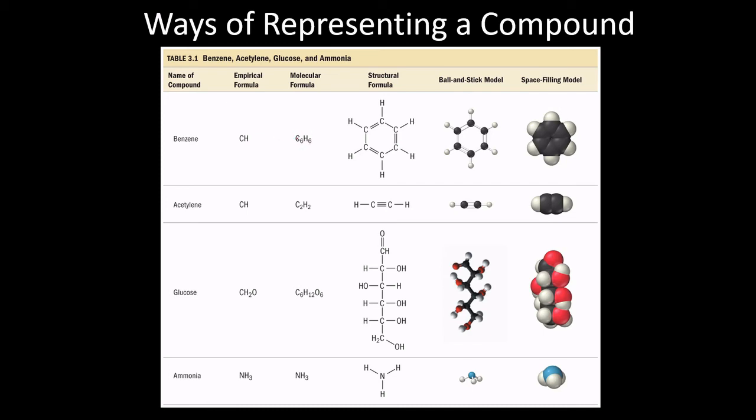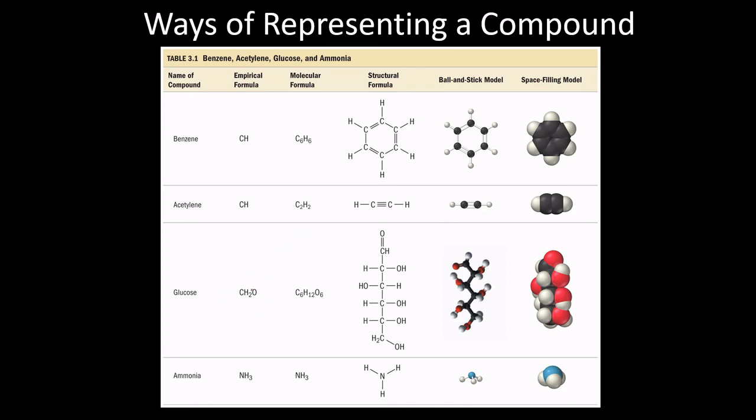So like C6H6, because both of those atoms can be divided by 6, the empirical formula is just CH, which is the exact same as acetylene. And these two are very, very different molecules. They are similar in some ways, in that they're both flammable, but in most ways they are very, very different.